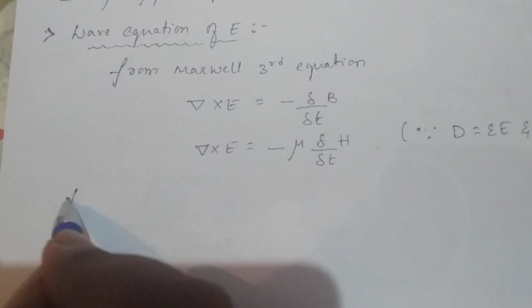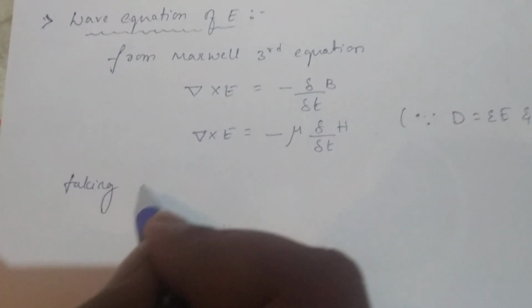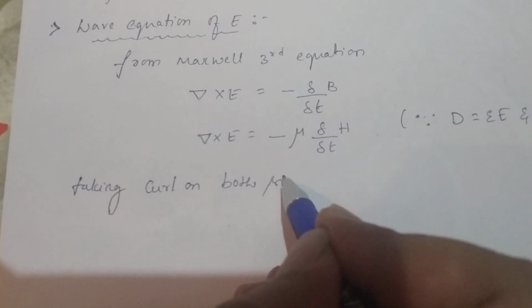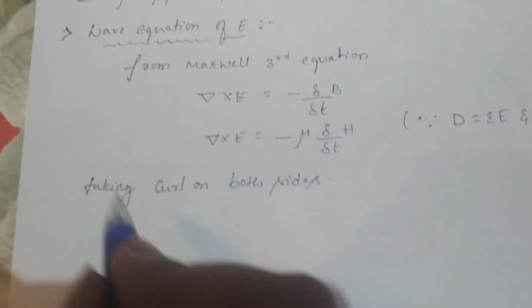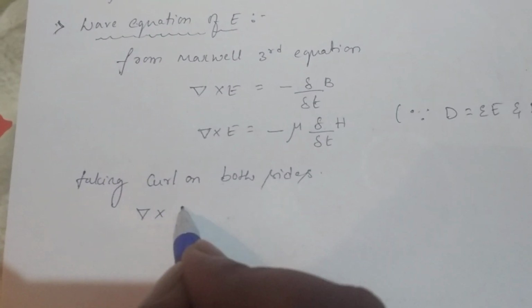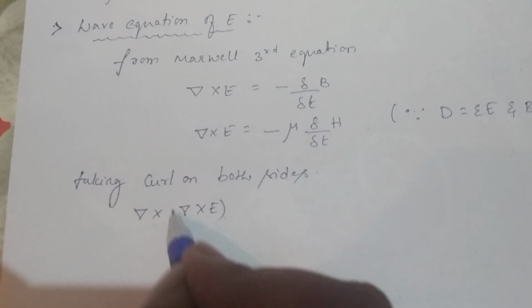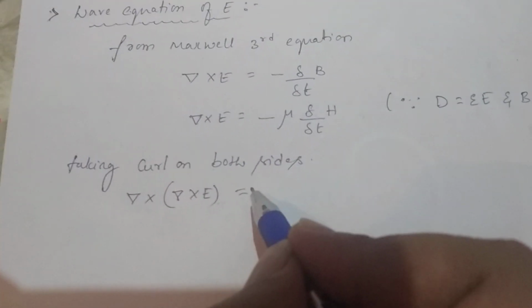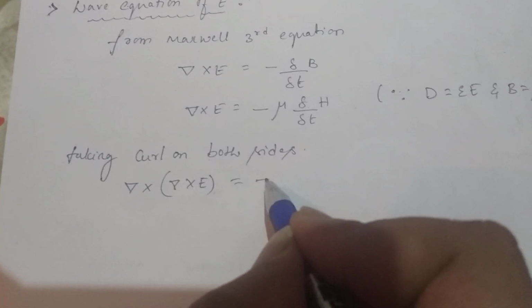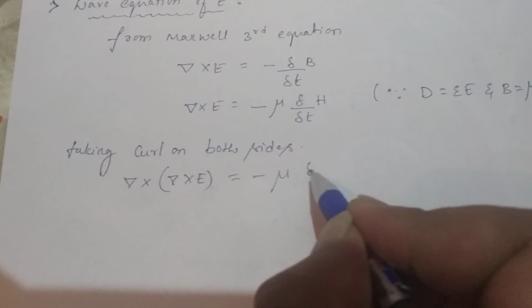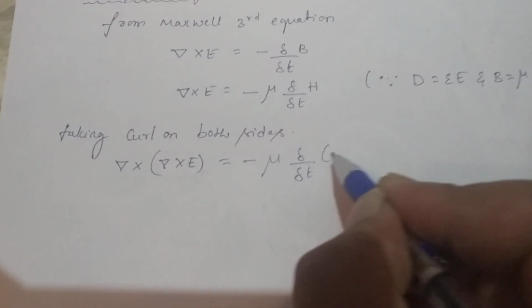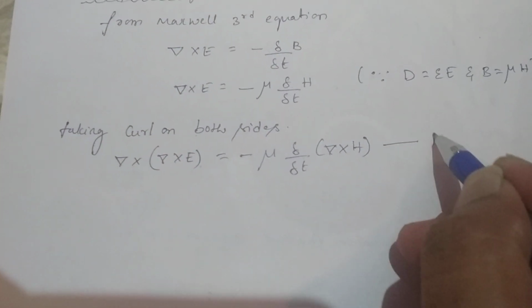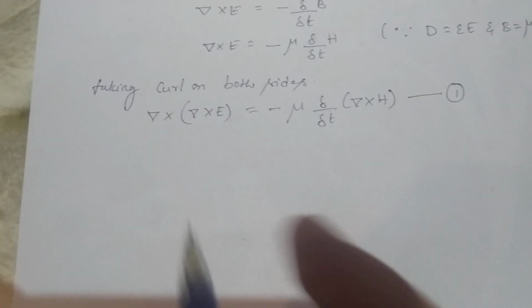Taking curl on both sides, del cross E, I am taking the curl on both sides, LHS as well as RHS, is equal to minus mu, which is a constant, dou by dou t of curl of H. Consider this as equation number 1.